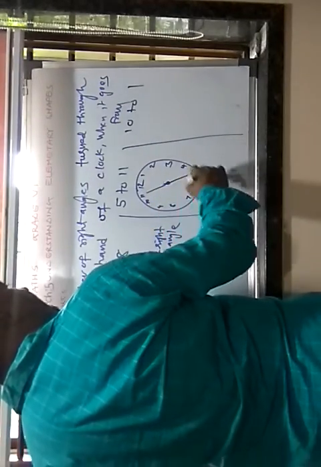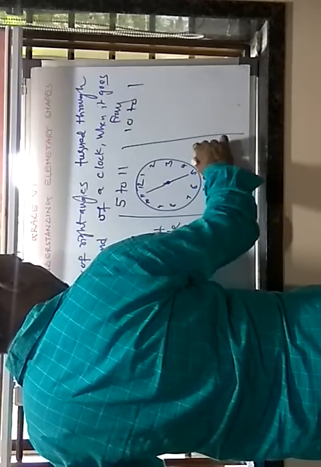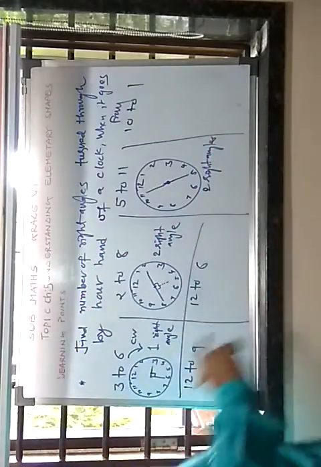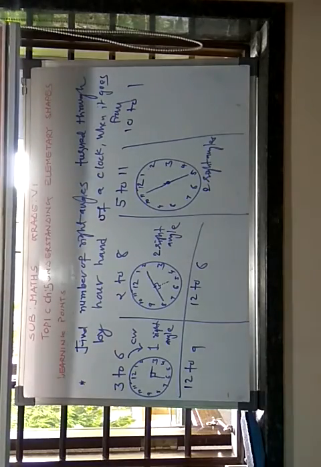Again 30 minutes. Means 2 right angles. As per our table, 30 minutes is 2 right angles, 15 minutes is 1 right angle, 45 minutes is 3 right angles. This table is very important for you. It is a master trick.